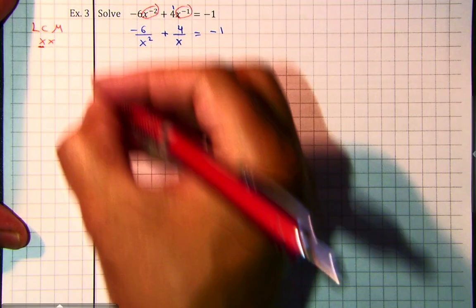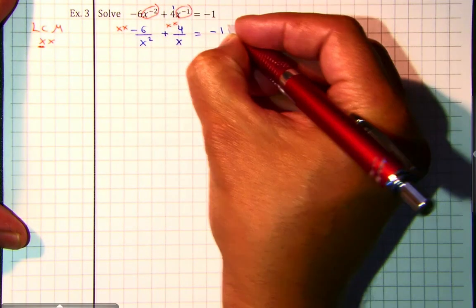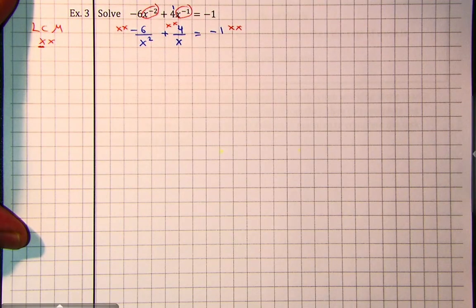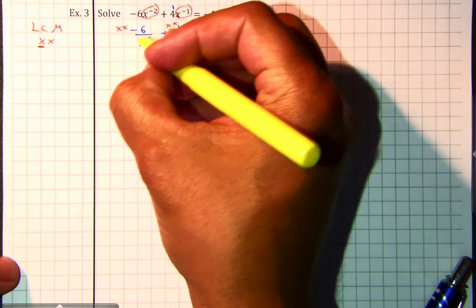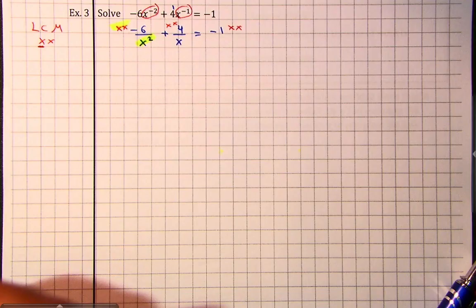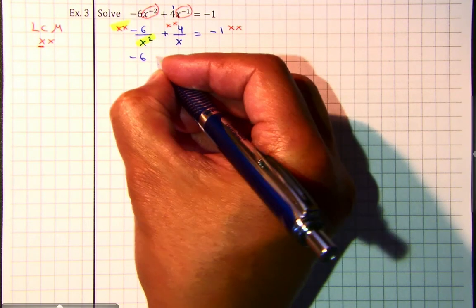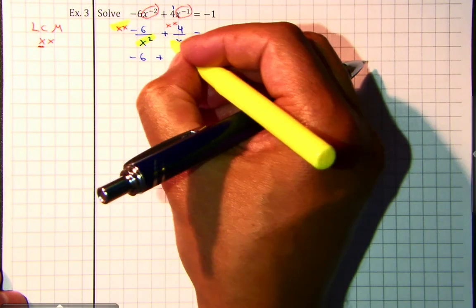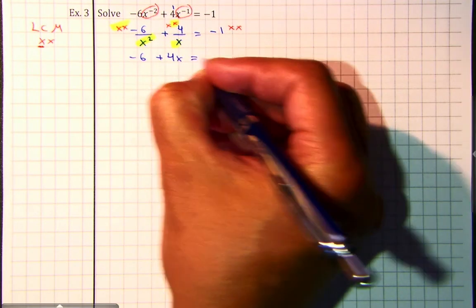So therefore, I'm going to multiply each one by x squared. In this case, they both cancel out. So now I have a negative 6 plus, one of the x's cancel, so it'll be 4x equals negative x squared.